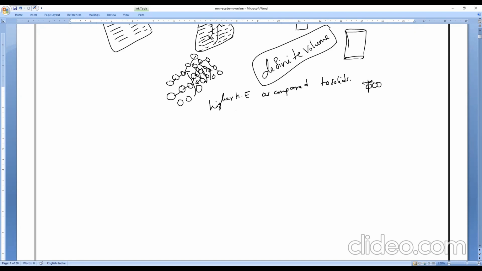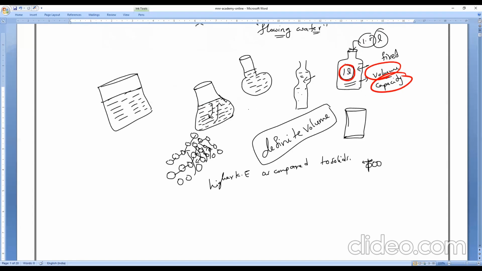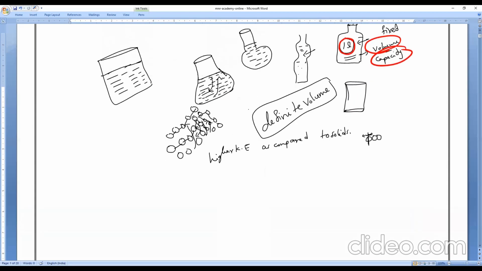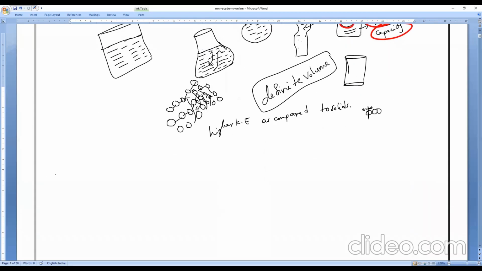So that is what we call the liquid state. Please write it. Definition of liquid state: those substances which show fluidity. Fluidity means what? Which can flow.